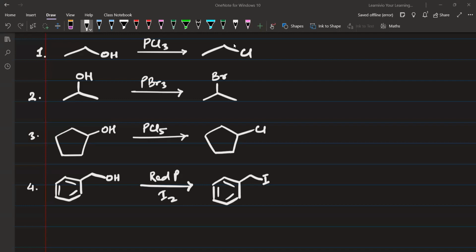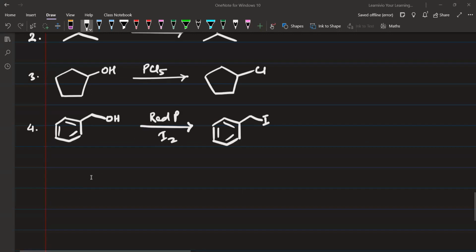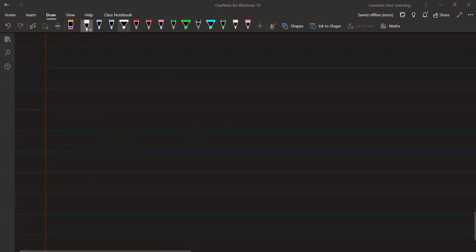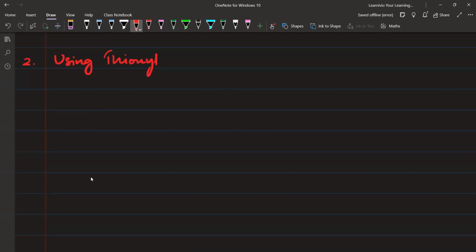Next, using thionyl chloride. Second method of preparation. This is important.